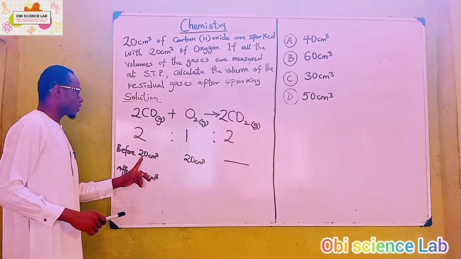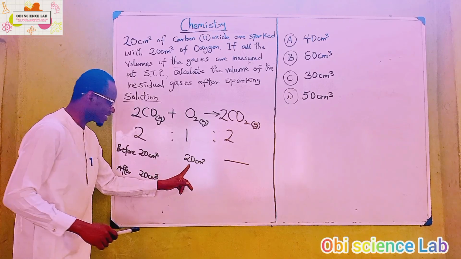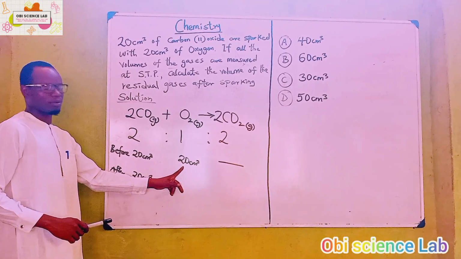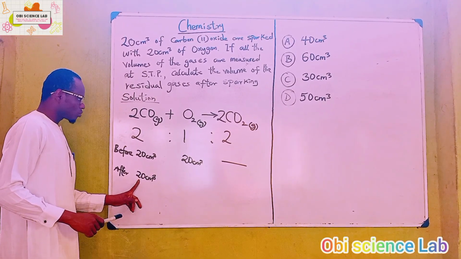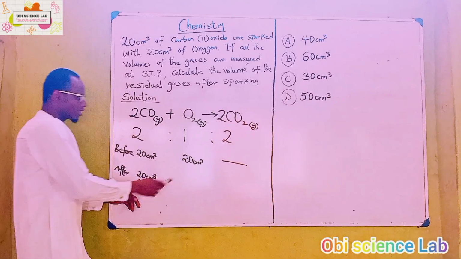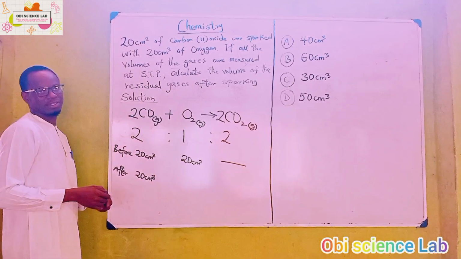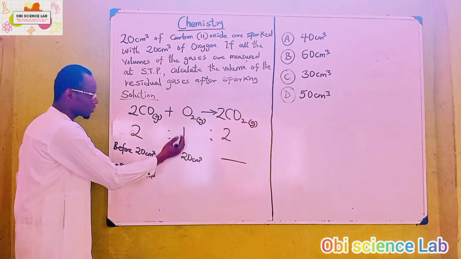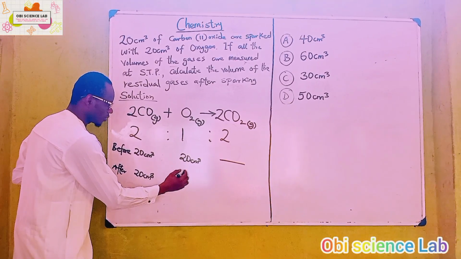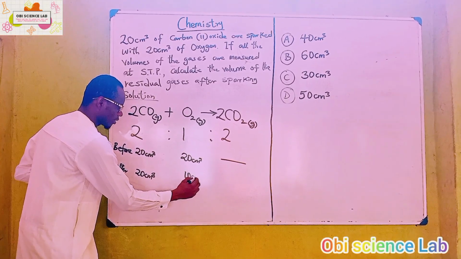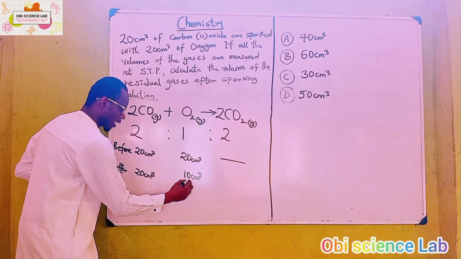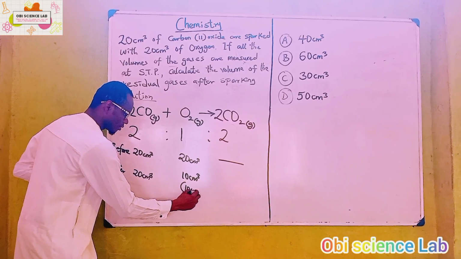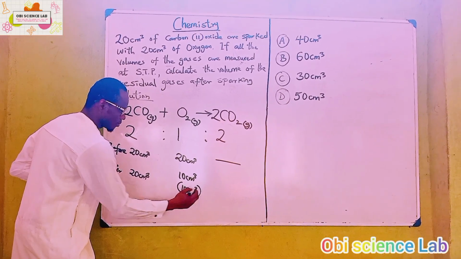So if carbon 2 oxide is 20 cm cube, it can only take half of what oxygen is provided. The volume of oxygen provided is 20 cm cube, so it can only take 10 cm cube, and we'll have 10 cm cube left unreacted.